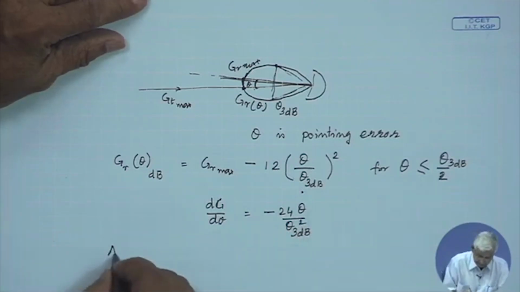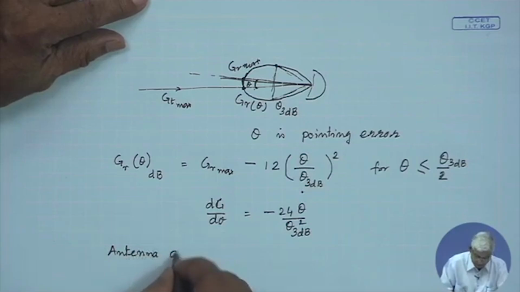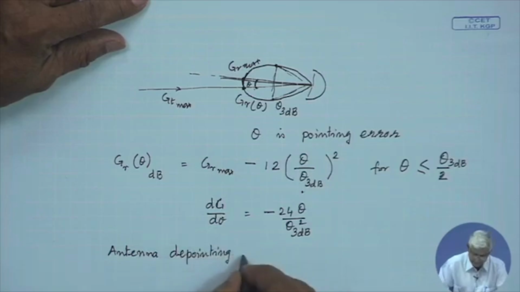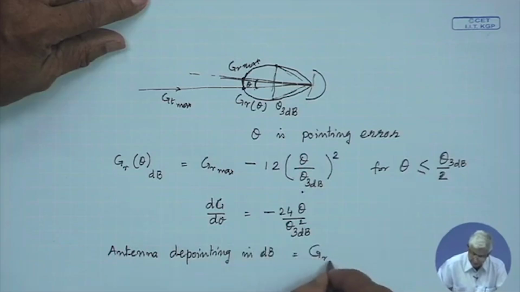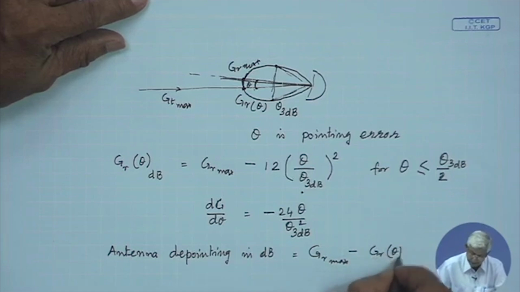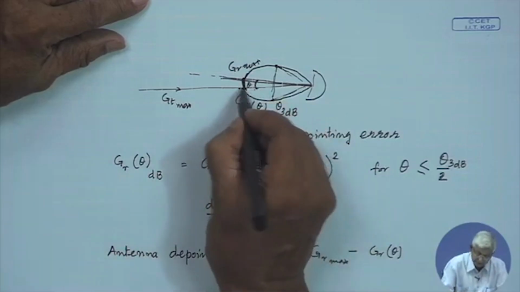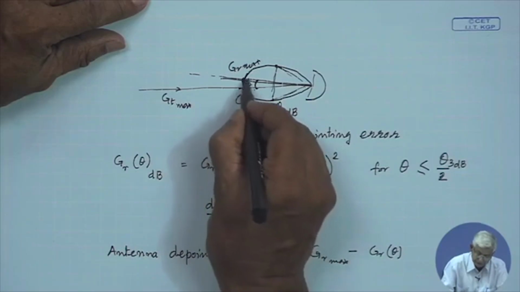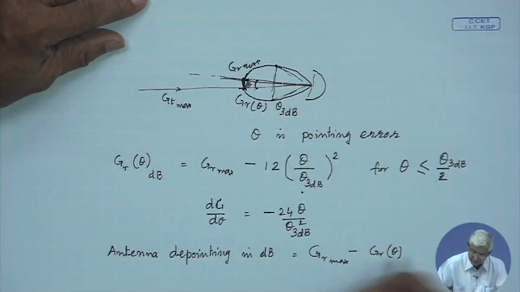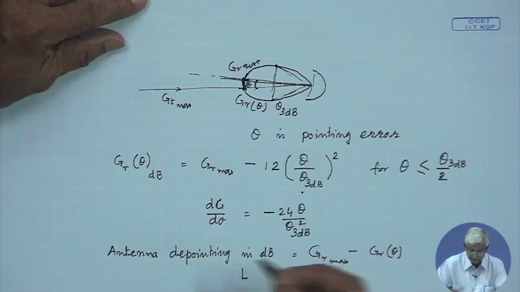Now, this antenna pointing loss, or antenna depointing, whatever you call, in dB is GR max minus GR theta, this value. This is the reduction from here to here. So, let us term it as L. For the transmitter side it may happen, for the receive side it may happen.